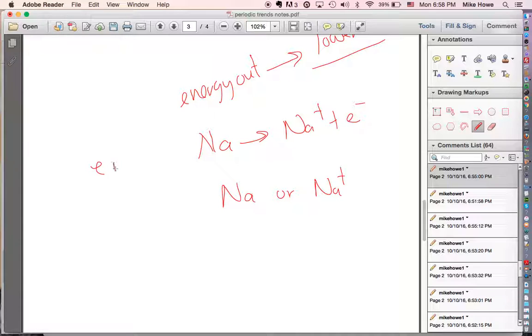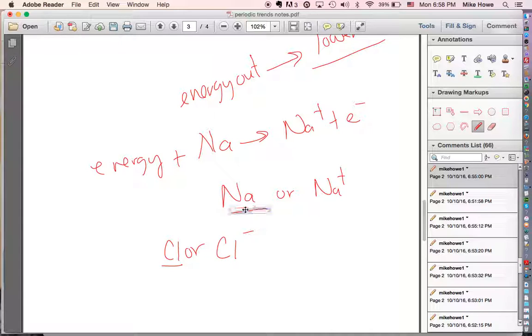Remember? Energy had to go into the process. If I ask you which is higher energy, Cl or Cl minus, you would say that Cl was higher energy, because when you add an electron to most things, energy is released.